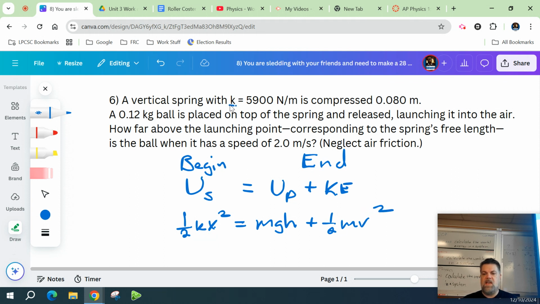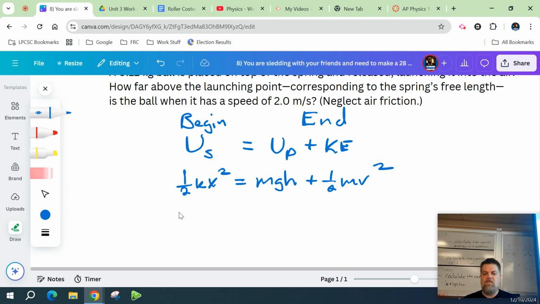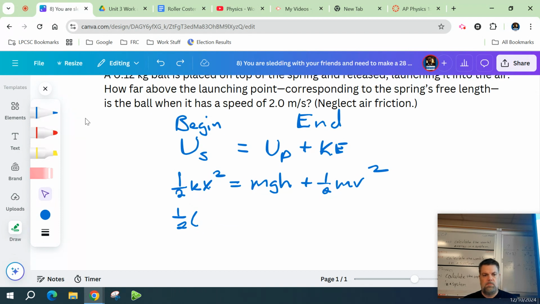So we know what k is. Now we start plugging stuff in. Well, we could solve for h, I guess. We'll plug the numbers in, then we'll solve. So I've got 1/2 times k, which is 5,900, times the displacement.